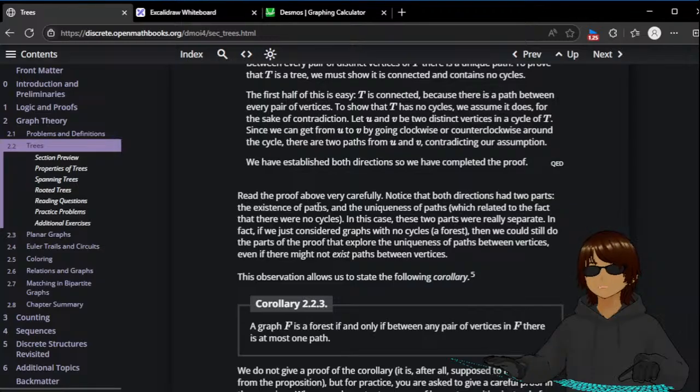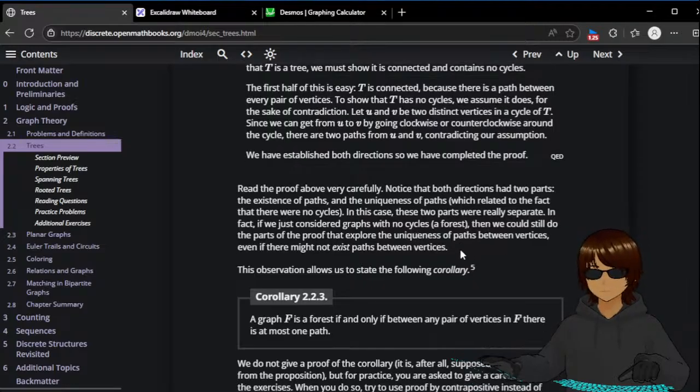The existence of paths, the uniqueness of paths. Notice that both directions had two parts: the existence of paths and the uniqueness of paths. In this case, these two parts were really separate. In fact, if we just consider graphs with no cycle, then we could still do the part of the proof that explores the uniqueness of paths between vertices.